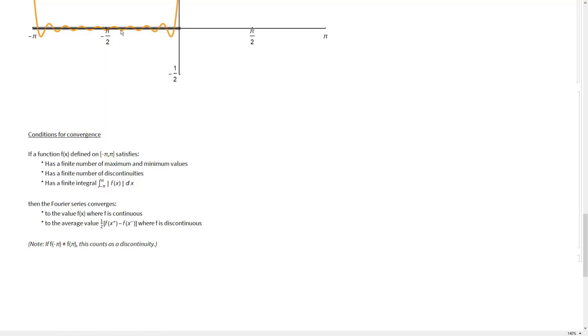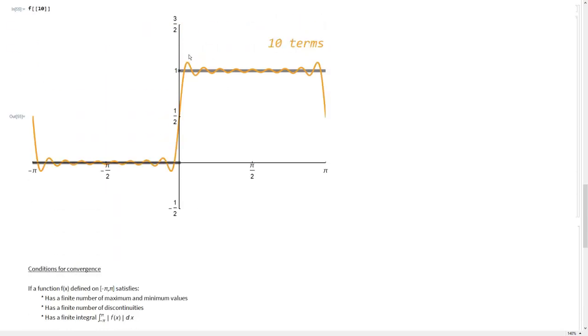Now, at a nice value, like minus pi over 2, the Fourier series is going to converge to whatever value f takes there, in this case 0. But at points where f is discontinuous, it's going to converge to the average value, as we mentioned. So in our simple step function, the average value between 0 and 1 is 1/2, and that's what the Fourier series is going to converge to.